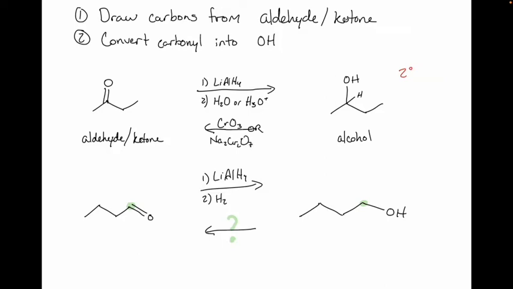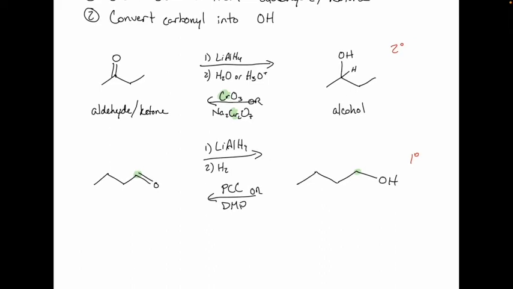When you see chromium, you think oxidation. For the primary alcohols, we have to use something a little bit more fancy, something a little bit more expensive, and that is PCC or DMP, those are the two abbreviations. Either one of those would be equivalent. Those convert primary alcohols to aldehydes.